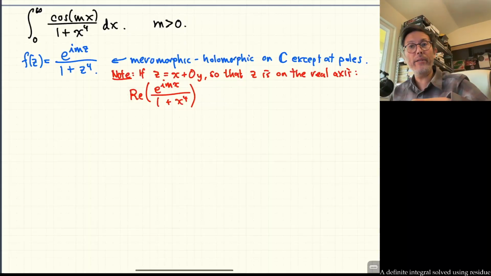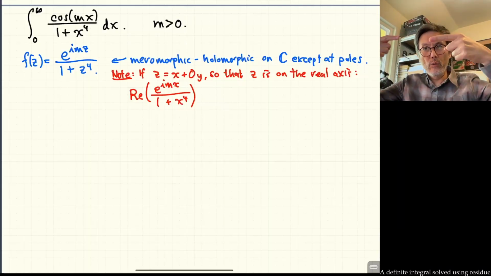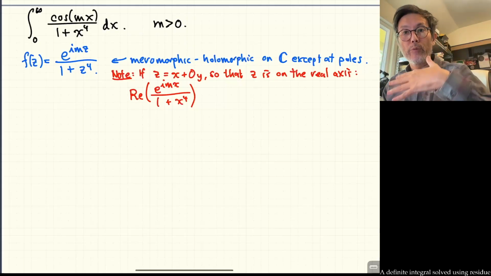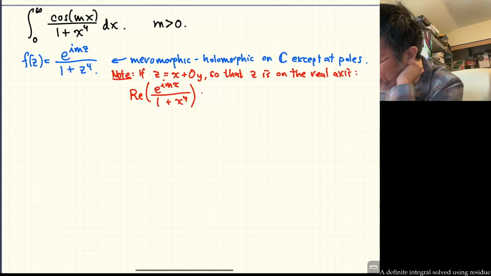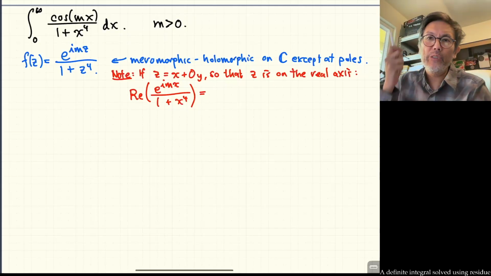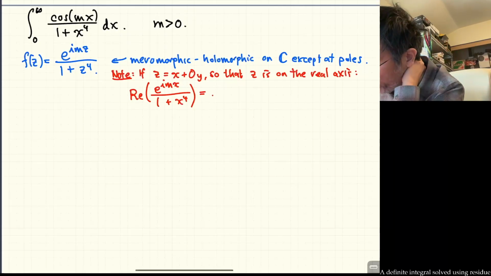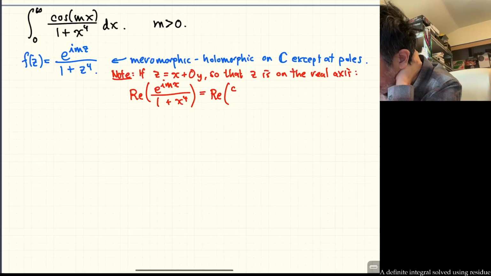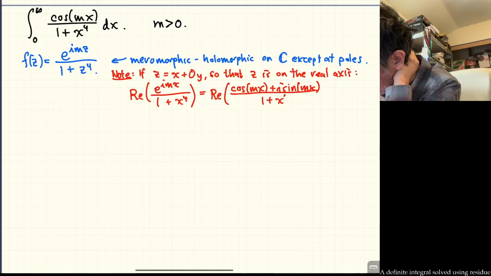Obviously the denominator is already real. It's the numerator that's potentially a non-real complex number. But we can discern the real and imaginary parts using Euler's identity. So that's the real part of cosine mx plus i sine mx, divided by 1 plus x to the fourth, which is exactly cosine mx divided by 1 plus x to the fourth.